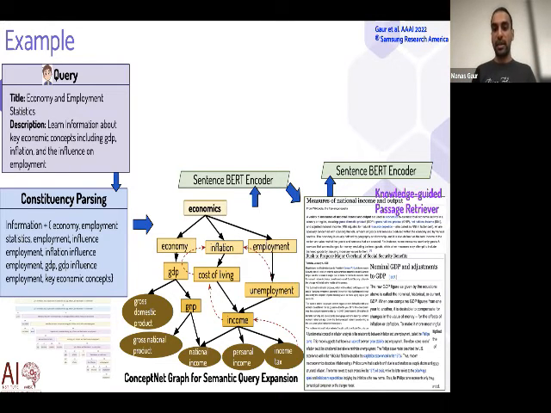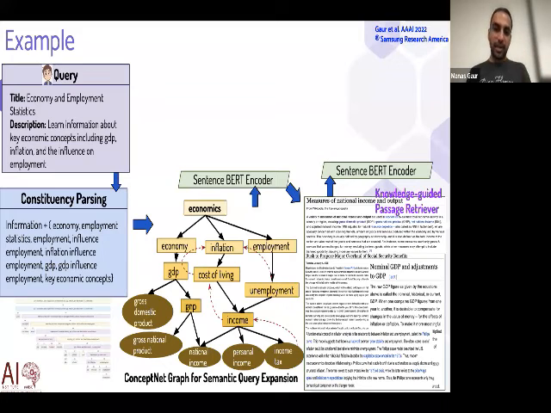Once you have done this, you can retrieve passages by simply doing a string search of these triples on your Wikipedia passages. But we found a better way, called dense passage retrieval.